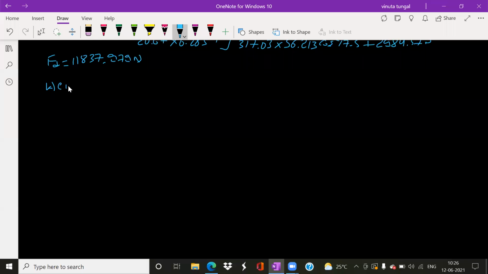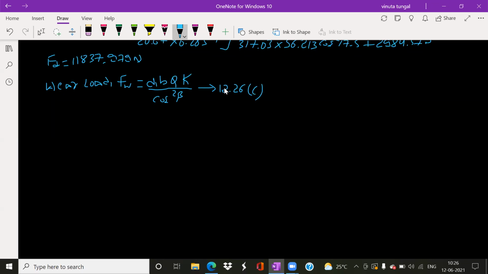Okay. After this, next you need to calculate the wear load. It is denoted by FW, is equal to, you have to use equation 12.26c. It is D1BQK divided by cos square beta. This is equation 12.26c.